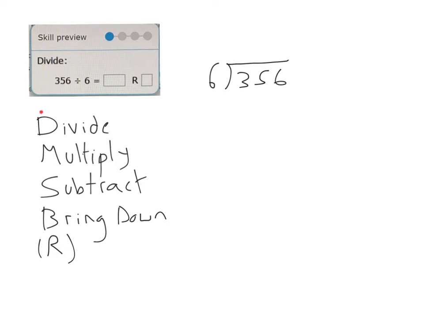Okay, so the first step is to divide. We start by looking at our 6. This one isn't actually the best example to start with, because we always want to ask with the first digit that's closest to our divisor. I've just added some vocabulary: the dividend is the large number we're trying to divide, and we're dividing it by the divisor, which is our 6.